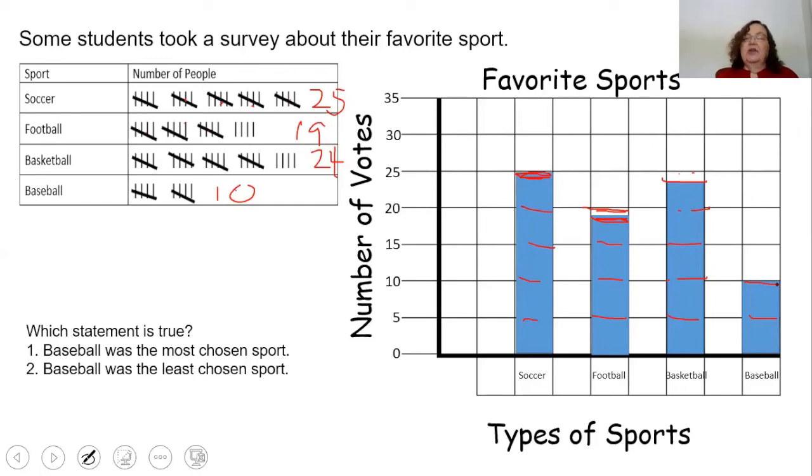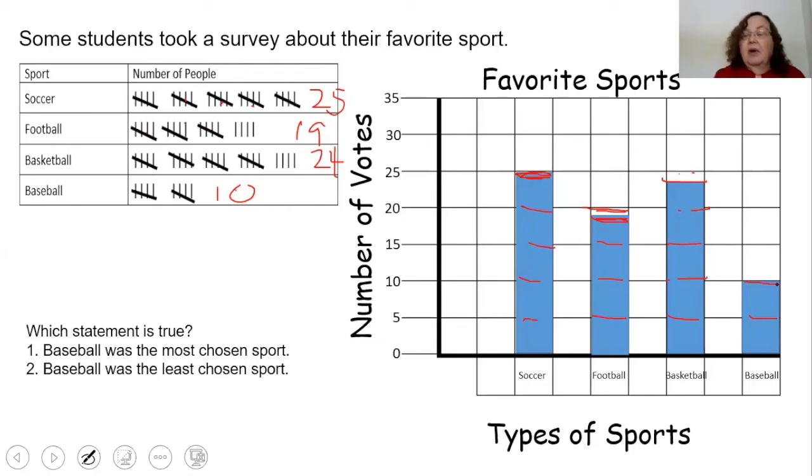Wonderful. So now that I've made my bar graph, it asks me which statement is true. The first one says baseball was the most chosen sport. The second one says baseball was the least chosen sport.